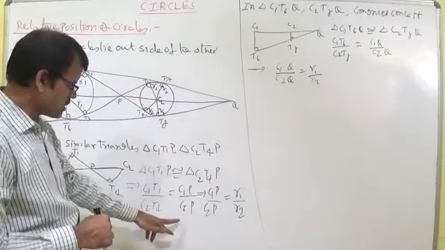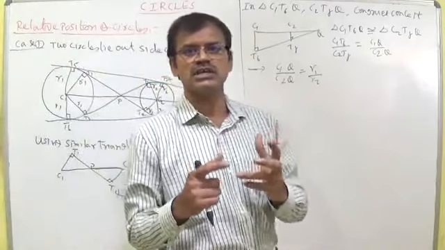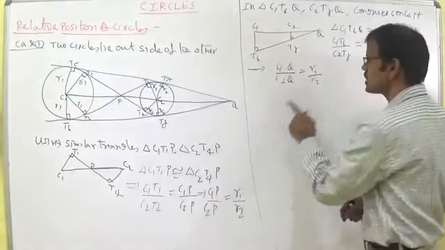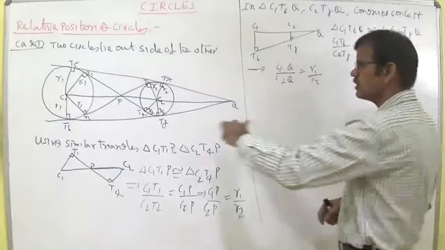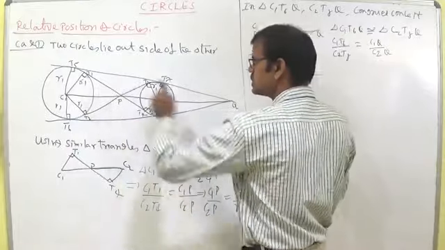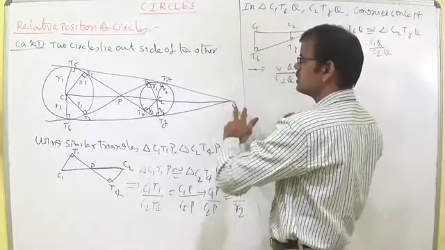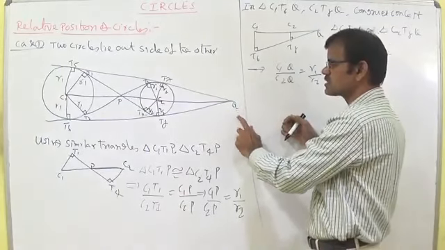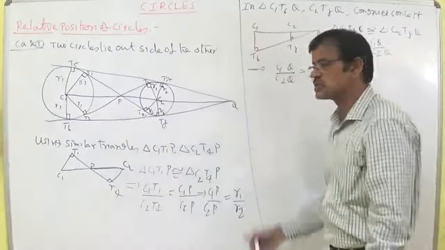P divides the line joining the centers in the ratio R1 is to R2 internally, and Q divides it in the ratio R1 is to R2 externally. If Q is an external point, the ratio is external, and P is an internal point, so the ratio is internal.